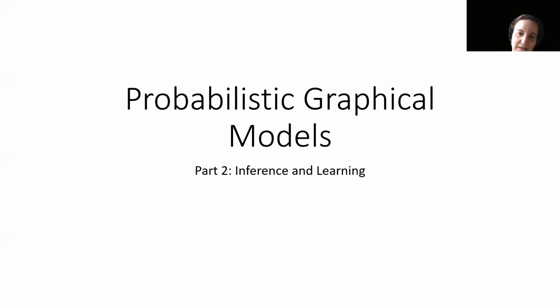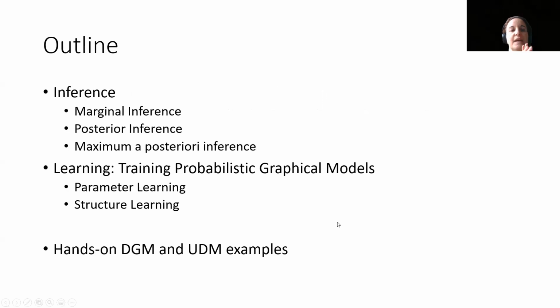A very short overview of what we covered is that probabilistic graphical models are a way of representing high dimensional probability distributions, and probability distributions are the basis of most machine learning models, since they are based on statistics.